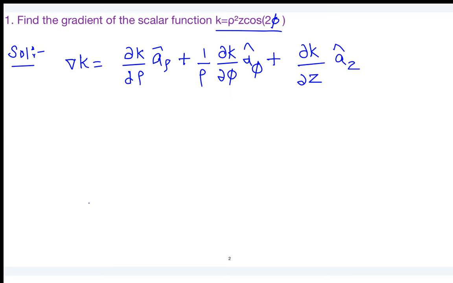Rho square z is a constant, and the differentiation of cos 2 phi will be minus 2 sin 2 phi, a phi cap, plus rho square cos 2 phi, and the differentiation of z will be 1.